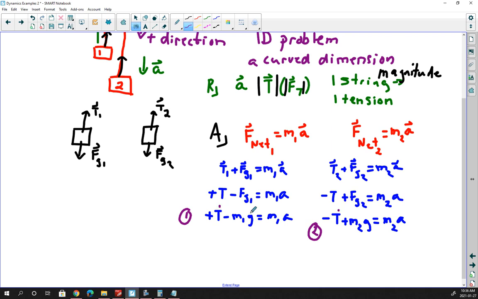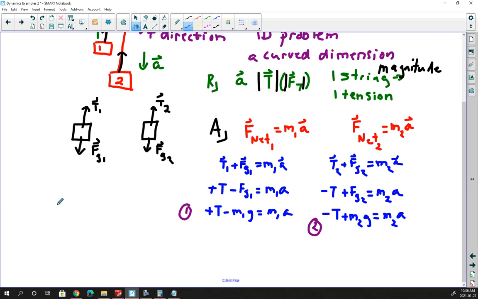And the other unknown is the acceleration. Those are the unknowns. Okay? So what we can do is solve this using methods of systems of equations. And one of the methods, you can do substitution, but another thing you can do, you probably remember this, is elimination, where you add the two equations.